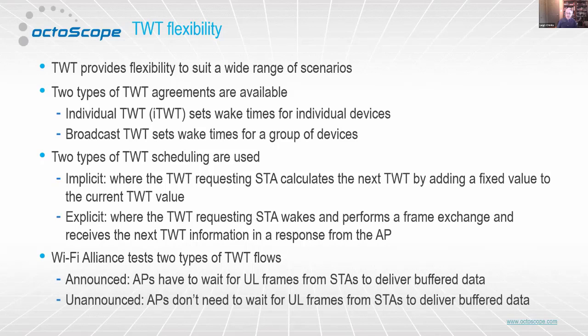Again, you can imagine how that might be subject to at least some problems every now and then. So there's an announced mode, which is probably more robust. The AP won't send anything until it hears from the station first. But again, that's going to be slightly less power efficient, because now you're using your transmitter on the station to announce itself rather than having anything to do specifically with data. So again, it's sort of a trade-off between robustness and power saving.